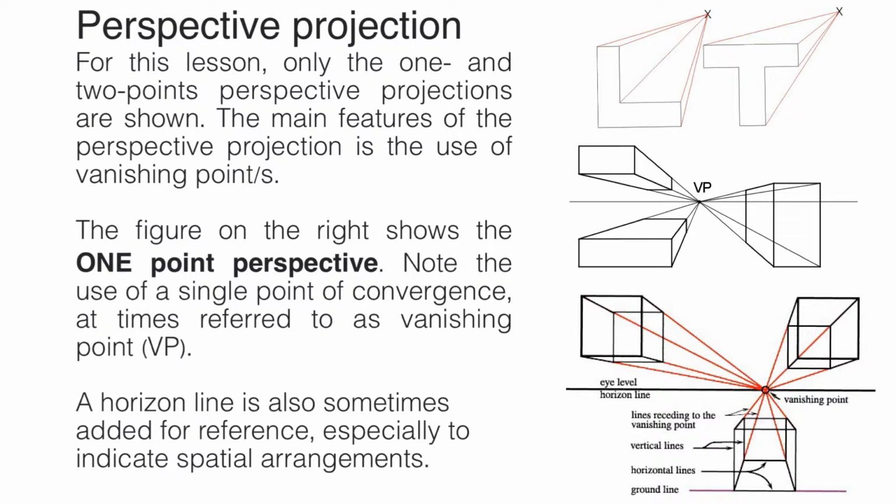The VP, or the vanishing point, will act as a point of convergence of all the lines, as you can see here. And do take note that vertical lines, or rather lines perpendicular to the horizon, as well as lines that are parallel to the horizon, will maintain their orientation in a one-point perspective.